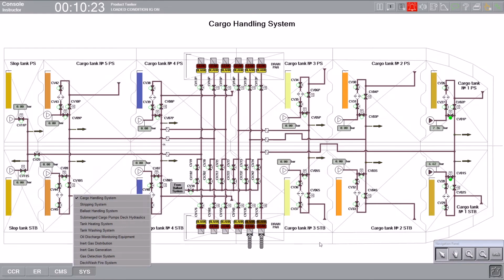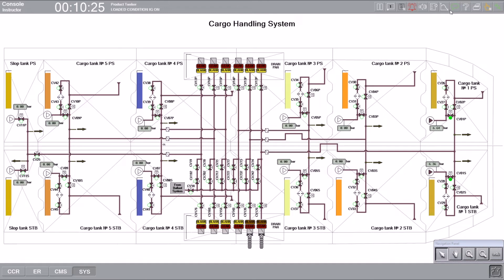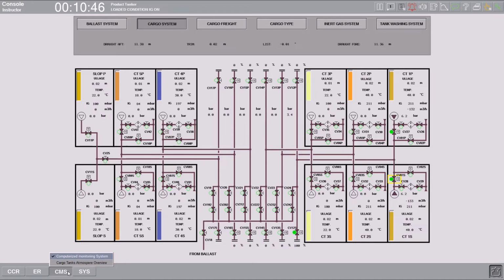So let's see by the hint how the cargo will run when the valves are fully open. Okay, now we see that the cargo is running outside through the port side manifold.